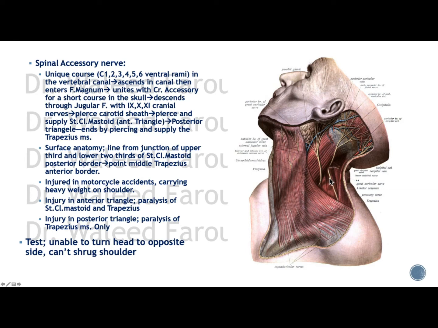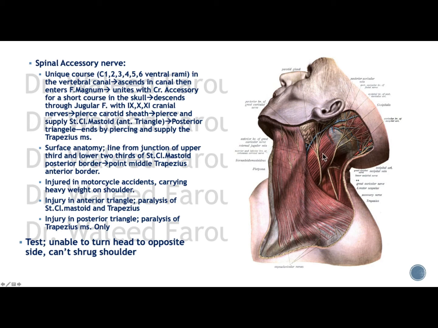But injury in the posterior triangle, which is more common, you will get that with people carrying heavy weights like porters. In motorcycle accidents, it's a very common injury that it gets injured in the posterior triangle. Now, the sternocleidomastoid is already supplied by the nerve, so it's saved.